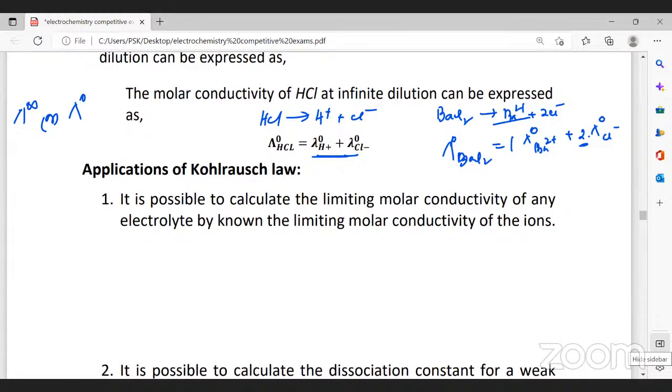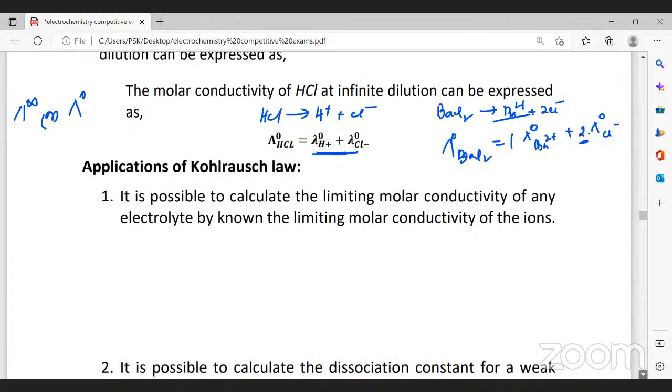What is this limiting molar conductance? Conductance at infinite dilution is called limiting molar conductance. Lambda naught is called limiting molar conductance, or conductance at infinite dilution.